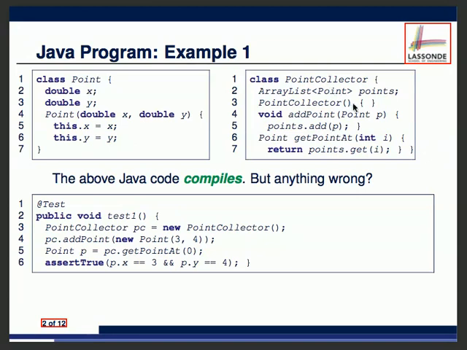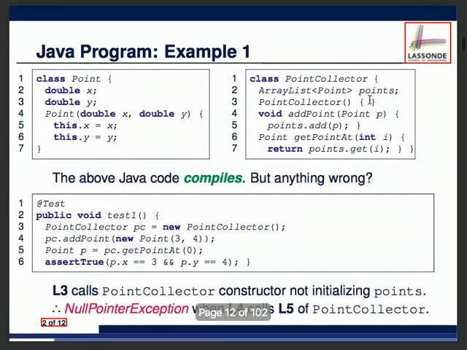You can see the default constructor over here does not initialize this. So what does this say? This says that when your Java compiler says it's okay for your program to get executed, it doesn't mean it's going to be free from null pointer exceptions.